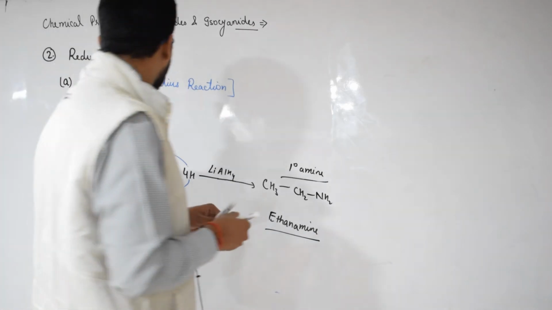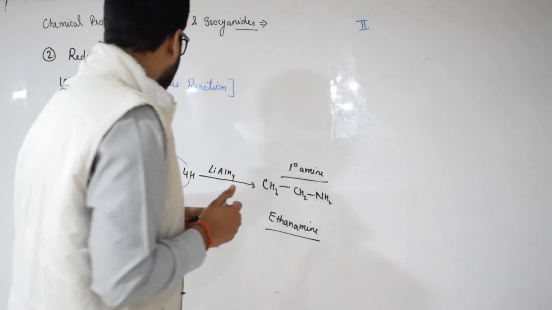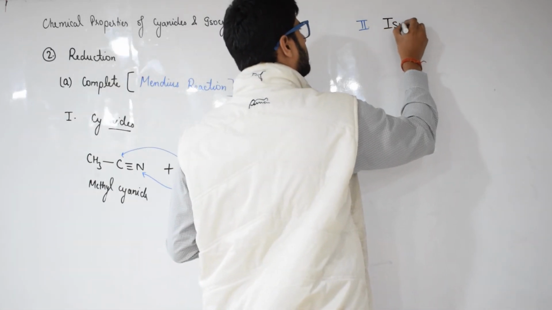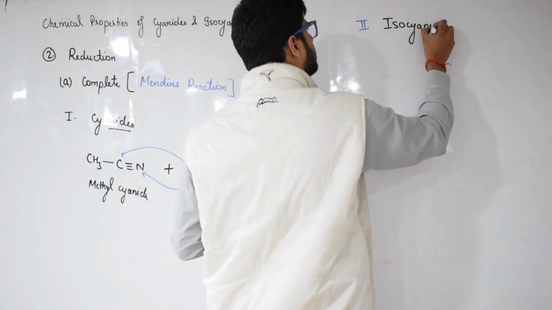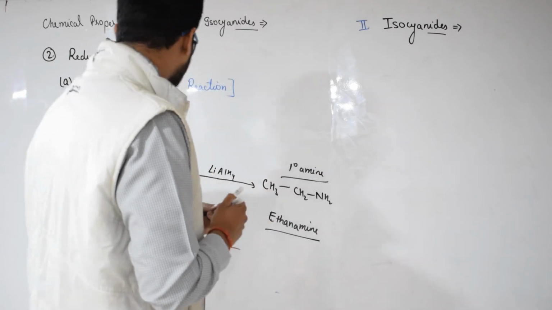Now, first of all we saw complete reduction in the case of cyanides, then we will see it in the case of isocyanides. Complete reduction in case of isocyanides.